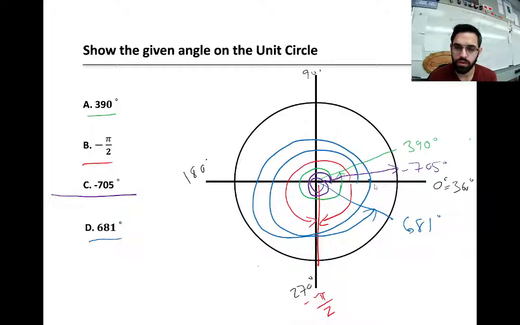So 681 degrees is going to be coterminal to negative 39 degrees. So somewhere around here in quadrant 4, we have this angle measure of negative 39 degrees, and it's going to be coterminal to 681 degrees.